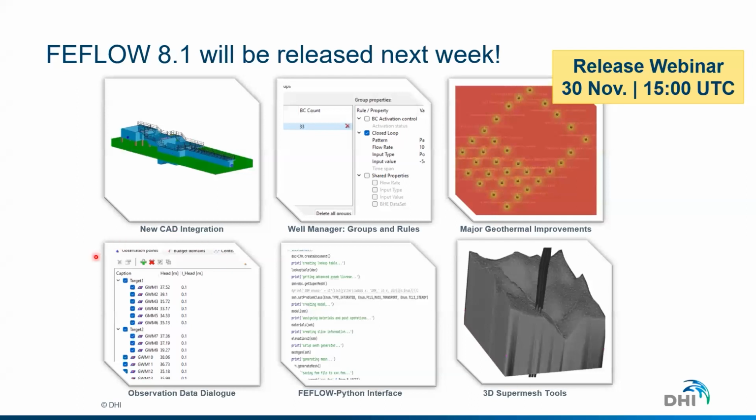We have consolidated the way FEFLOW compares simulated results and observation data. We have a new dialog called the observation data dialog, which helps you control information of the process variables, so observation points, budget groups, but also content domains. We have a new interface of Python. It's quite nice.